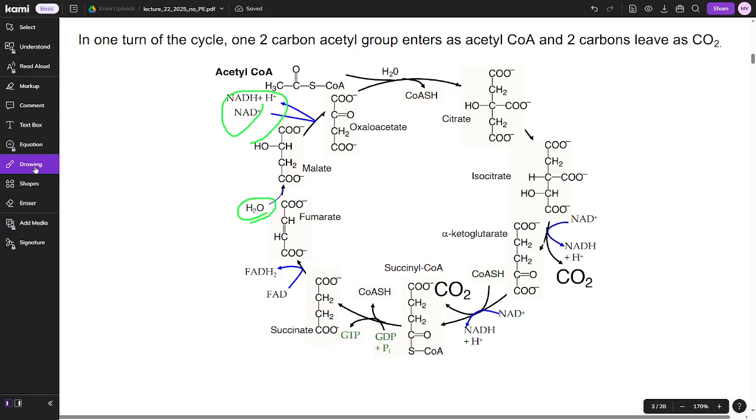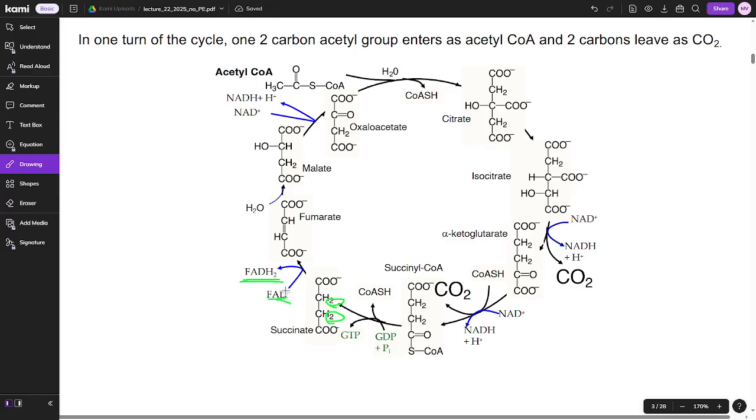The main thing I want to note is when they use this. So for all of the decarboxylations or the oxidations of an OH to a carbonyl, it's using NAD. But if it's the removal of 2 hydrogens here, right? So notice from succinate, we're removing one of these hydrogens from each bond. We use FAD because FAD grabs 2 H's.